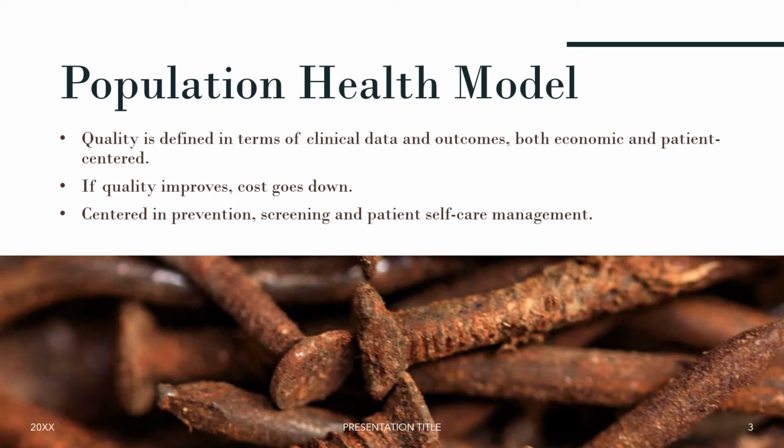The way it's been adapted for nursing is to really focus on quality, understanding that for nursing, the categories that we focus on are clinical quality, customer satisfaction, core business processes, and utilization of healthcare resources.